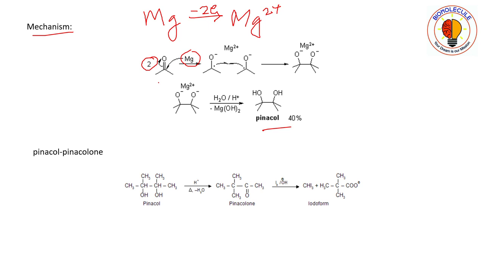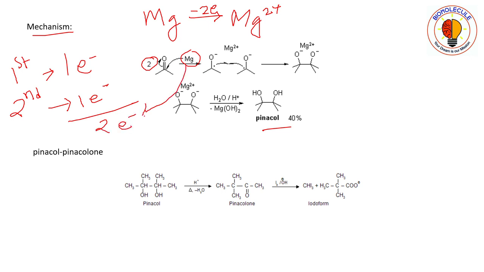Per molecule of acetone, this magnesium will give one electron. So the first molecule of acetone gets one electron, and the second molecule of acetone gets one electron. In total, this magnesium is giving two electrons.